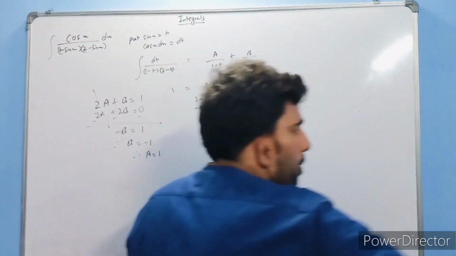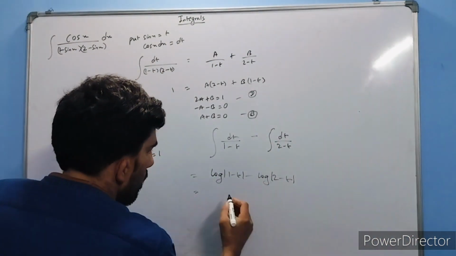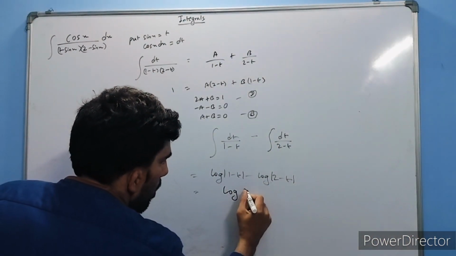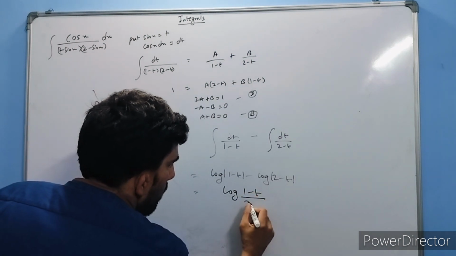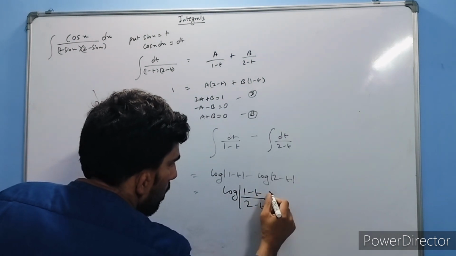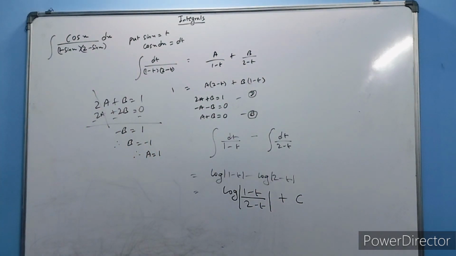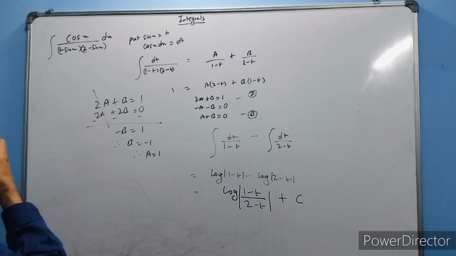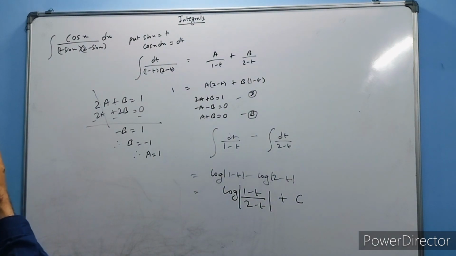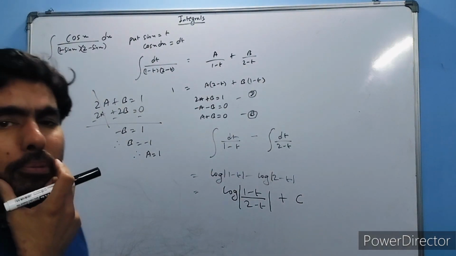So finally I got my answer, that is log of (1 minus t) upon (2 minus t) plus c. Okay, so that is how we are able to solve the numerical based on partial fraction.